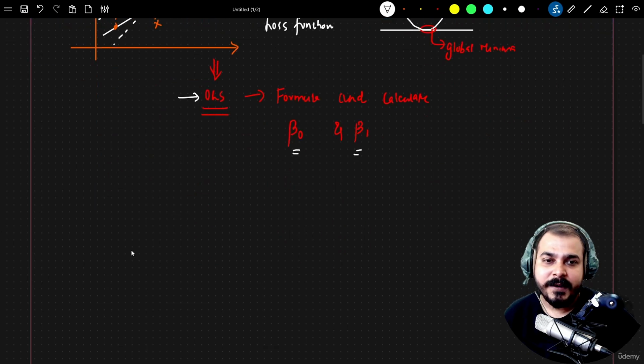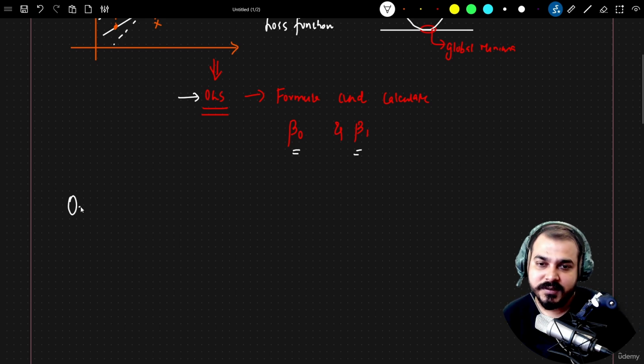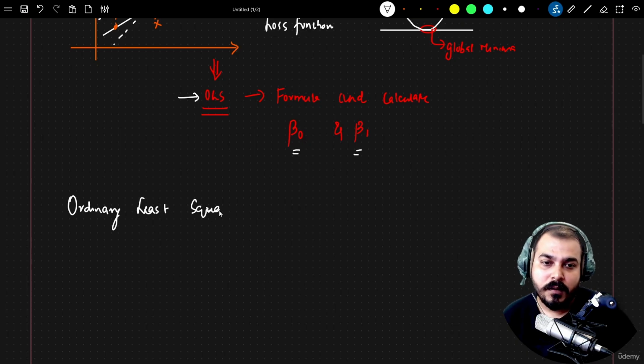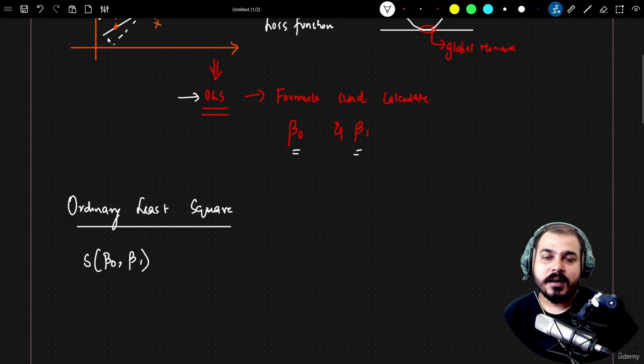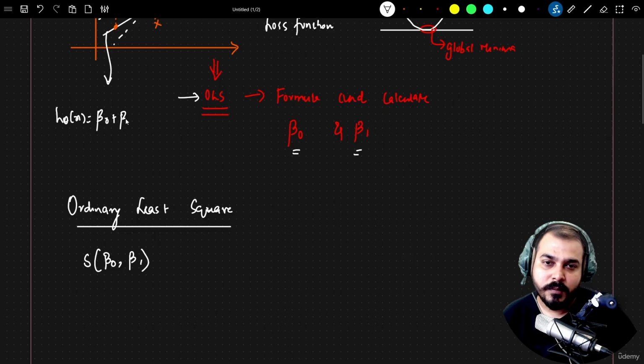Here I'm just going to give a notation. Let's say this is my ordinary least square, and I'm going to denote it with S. Let's say this is beta 0 and beta 1. Let's consider that the best fit line is given by h theta of x is equal to beta 0 plus beta 1 into x1. I'm just considering this as a simple linear regression.